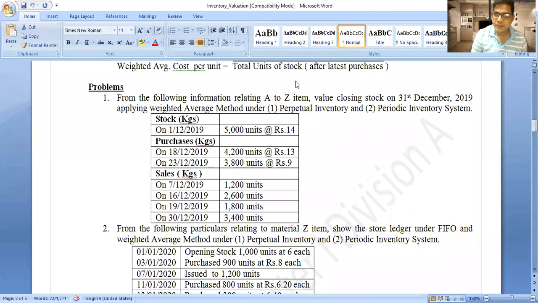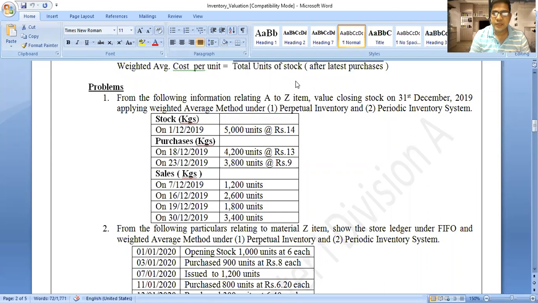Stock in kgs on 1/12/2019, 5,000 units at the rate rupees 14 per unit. Purchases in kgs on 18/12/2019, 4,200 units at the rate rupees 13 per kg. On 23rd December 2019, 3,800 units at the rate rupees 9 per unit.